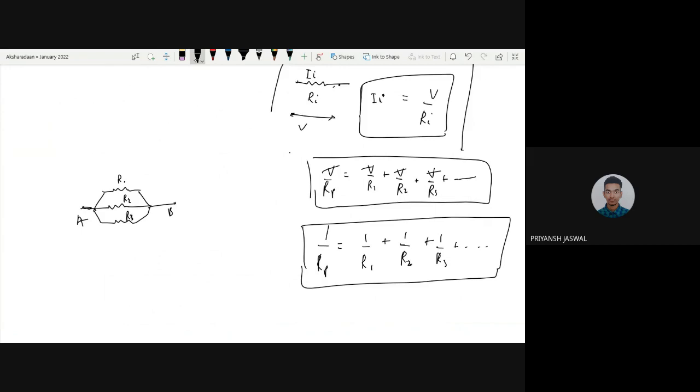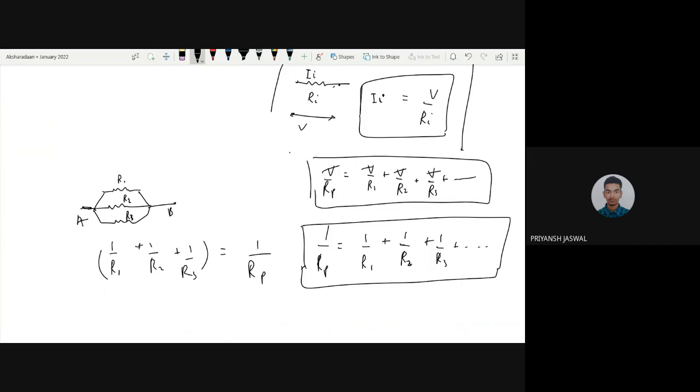So how will we calculate the parallel resistance is the sum of the reciprocals of individual resistance, that is reciprocal of R1 plus reciprocal of R2 plus reciprocal of R3. This would be the reciprocal of net resistance, which is RP.